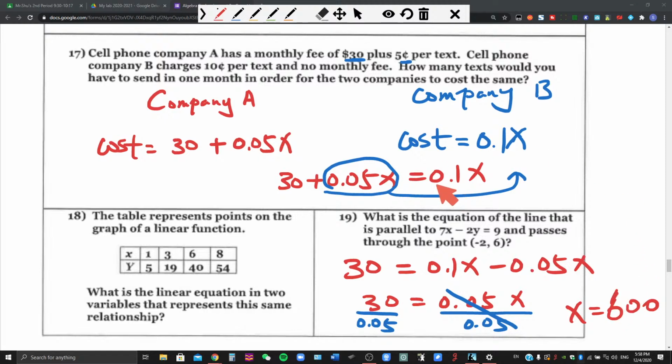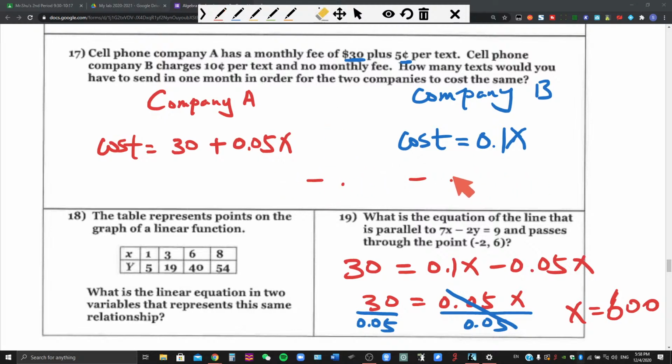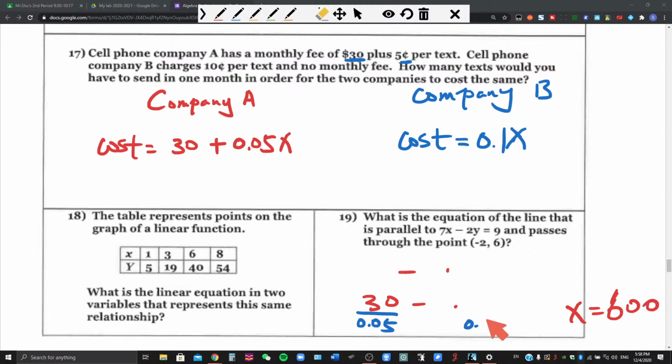And we can actually verify that. x is 600. So if you send 600 with company B, each costing 0.1, then the cost will be $60. And with company A, it's going to be 30 plus 600 times 0.05.